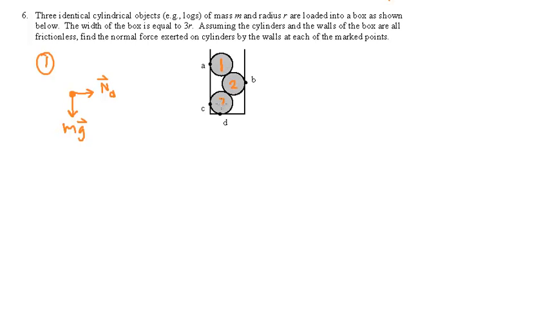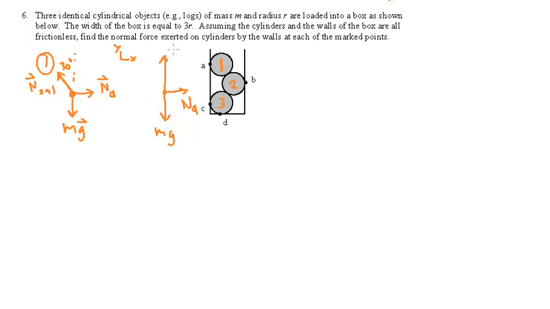Well, there's log 1's mass times g, of course. There's a normal force at point A, which is pushing it that way. And then there's also a normal force where it contacts what I'm going to call log 2 down here. So there's a normal force from log 2 on log 1. And as I said before, this force acts 30 degrees from vertical. Sorry, it's not theta, it's 30 degrees.